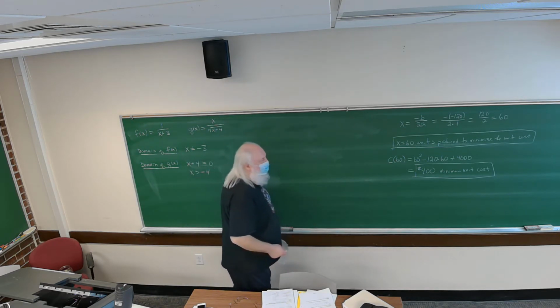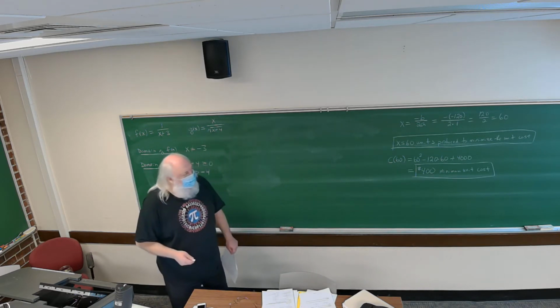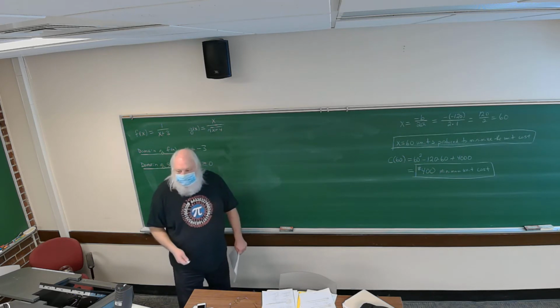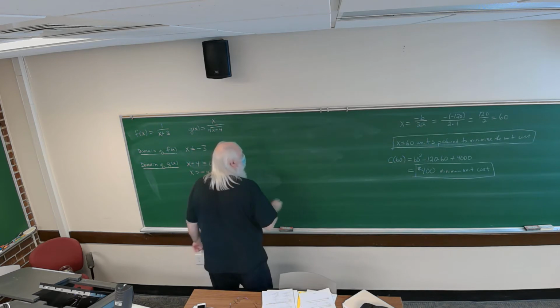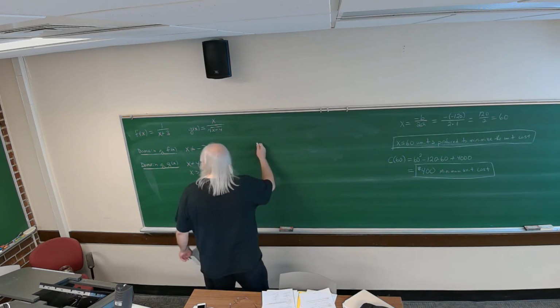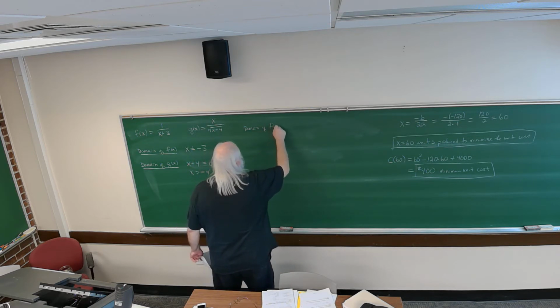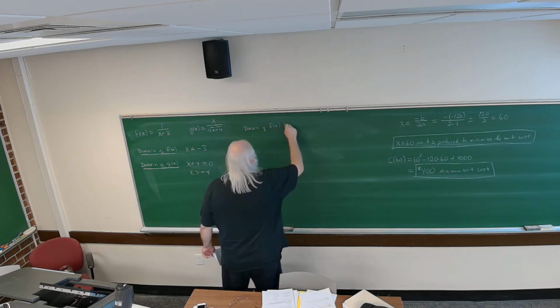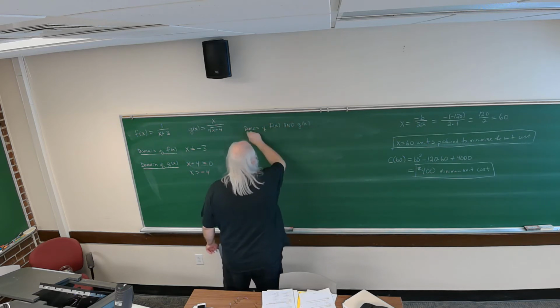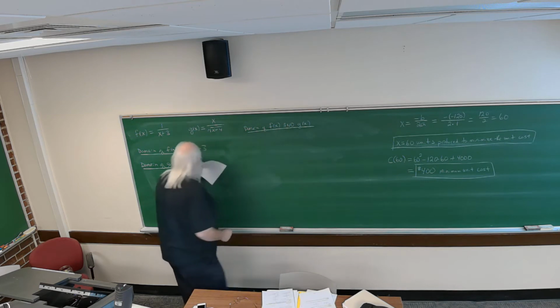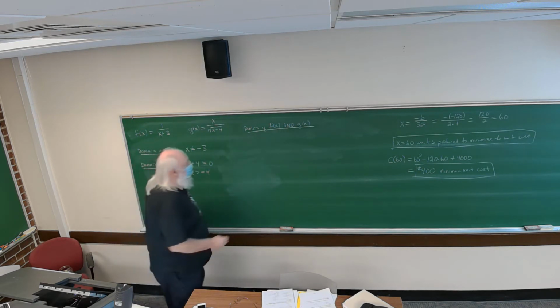So when we combine the two functions, f plus g, f minus g, f times g, f divided by g, the domain for those situations is the intersection of these two domains.